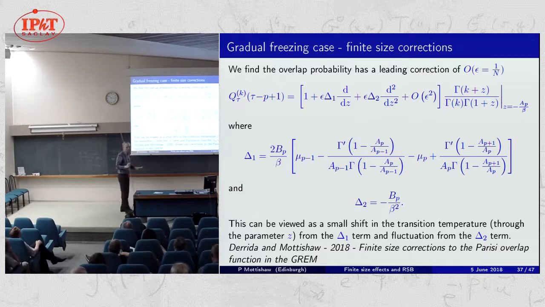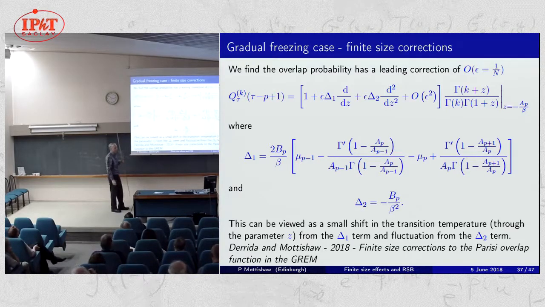If you did this calculation for replicas, you would see that it was choosing replicas from blocks, and then it's actually the A for the overlap point which gives you the value of Z to use there. But the key thing is you get the same shift in your block size, and you get the same fluctuations in your block size, but the expressions are somewhat more complicated than they were before.